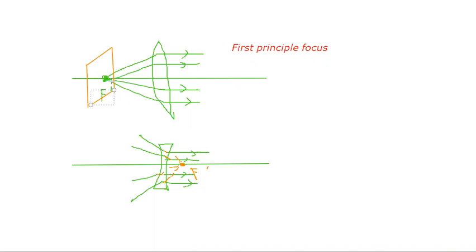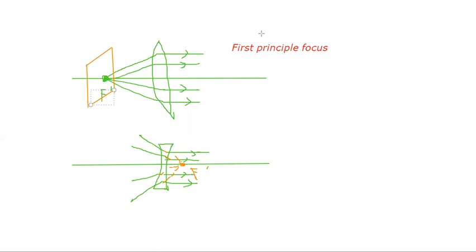We have talked about secondary focus. Now principal focus is to be understood like this: we have considered the rays which are parallel after refraction or parallel before incidence. But suppose the rays are incident at some angle.